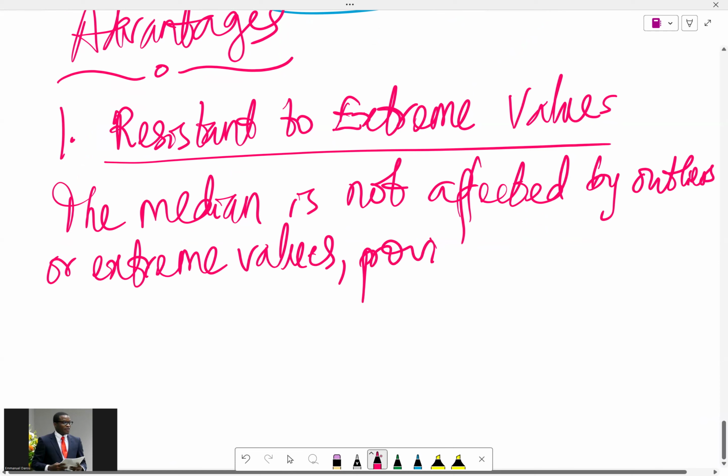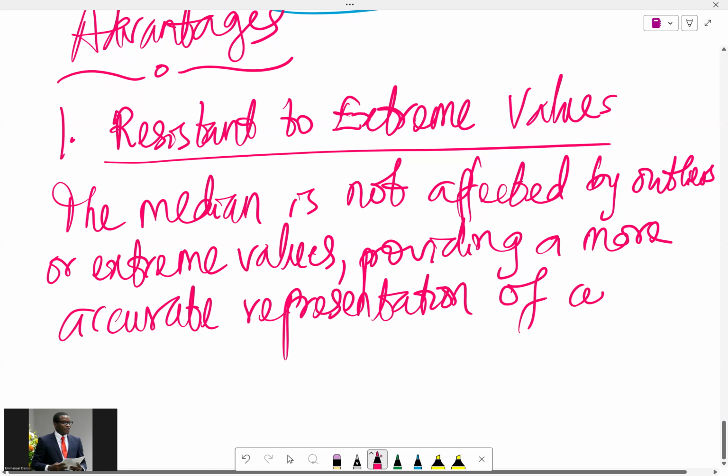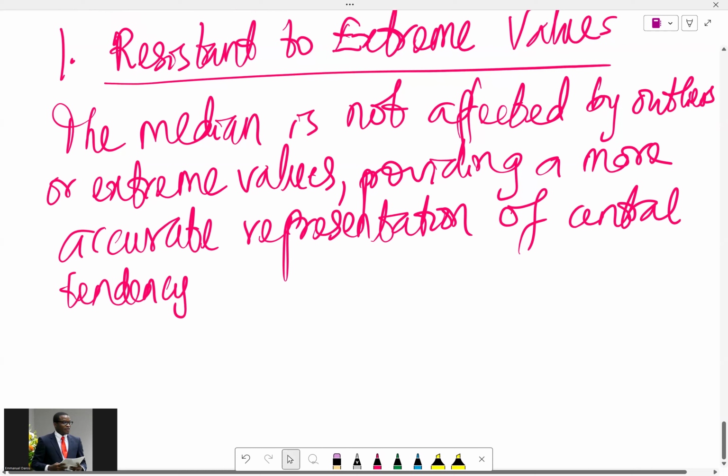So it provides a more accurate representation of central tendency. It's a measure of central tendency together with mean and mode.